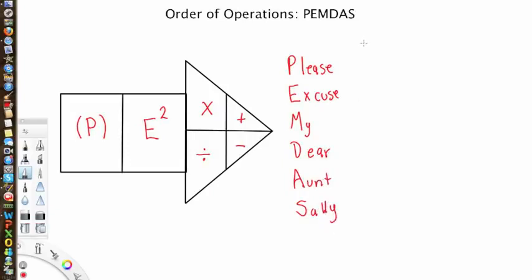Now some of you are saying, oh, I remember this. And that's good that you do remember this. So please, once again, stands for our parentheses, as well as brackets and braces. We will also have exponents. You know, these good old things like x to the second power or 5 to the third power or cubed.